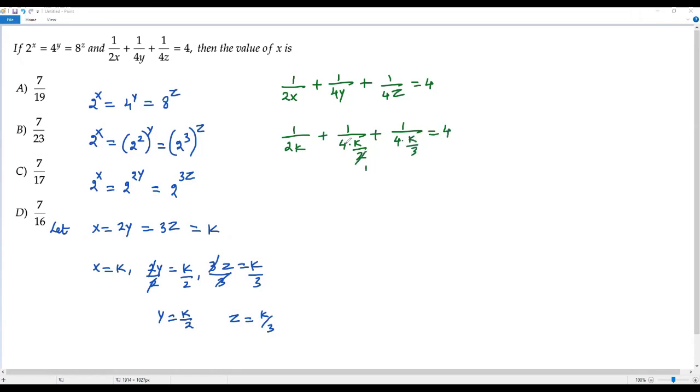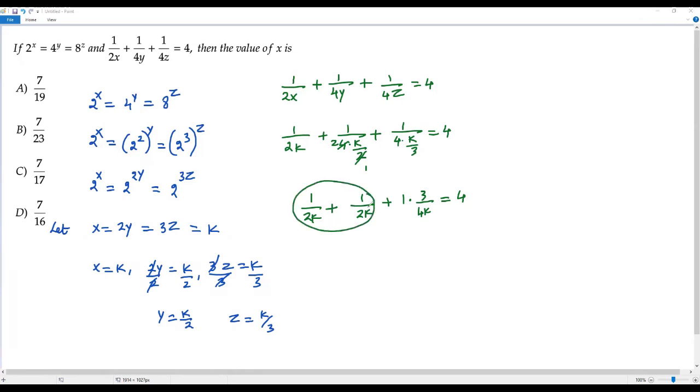Here, 2 goes into 2 one time and 2 goes into 4 two times. We get 1 over 2k positive 1 over 2k positive, and here we have 1 over 4k over 3. So we can write this 1 as it is, and we can change this division as multiplication. When I change this division as multiplication, I have to get the reciprocal for this one. So the reciprocal of 4k over 3 is just 3 over 4k equals 4.